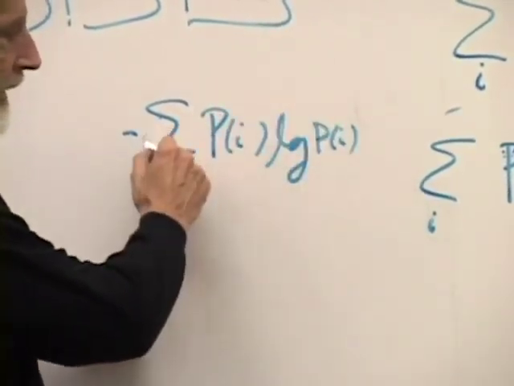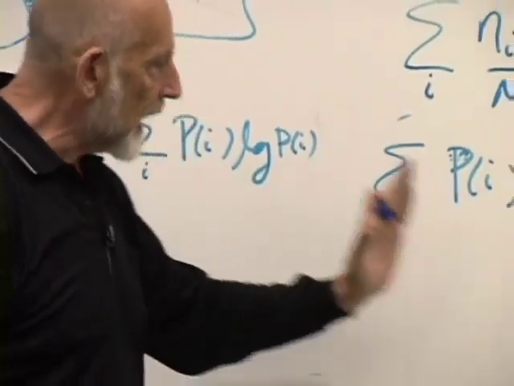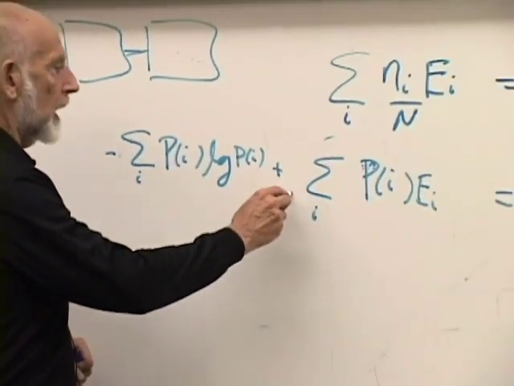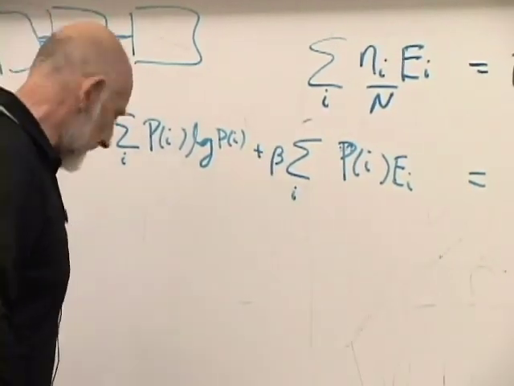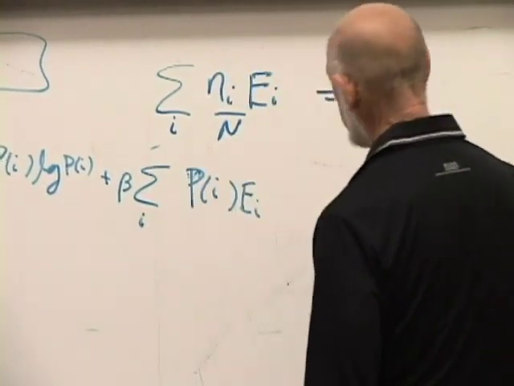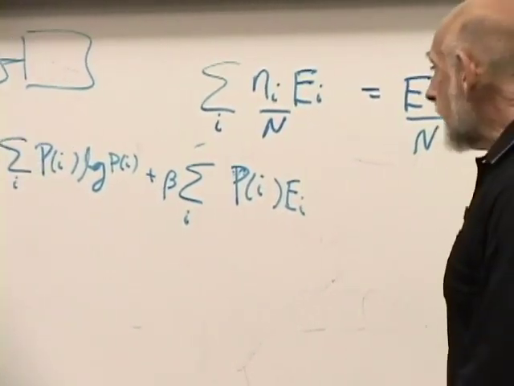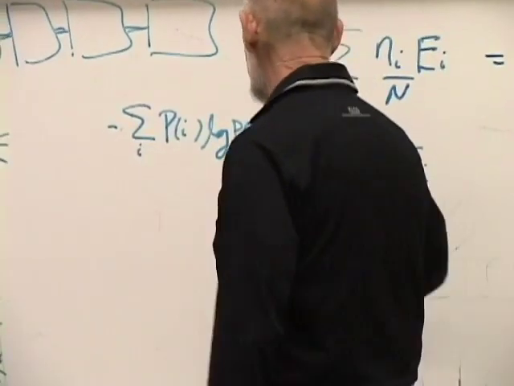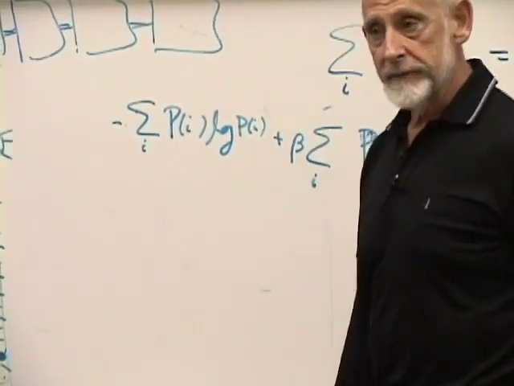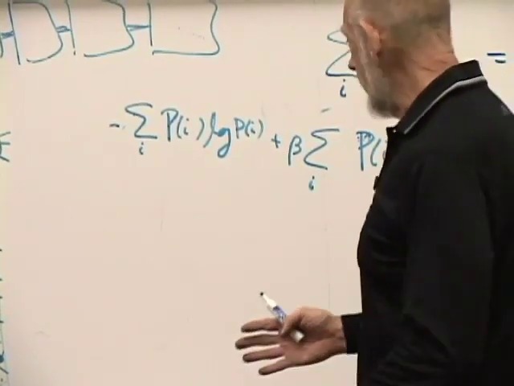That was the entropy, and we want to maximize it subject to a constraint. The way you do that is to introduce a Lagrange multiplier beta, and then maximize this expression with respect to P sub i. The P sub i's are the variables. We're trying to find out what the probability of the ith state is.